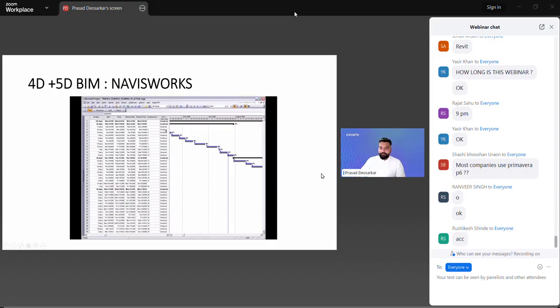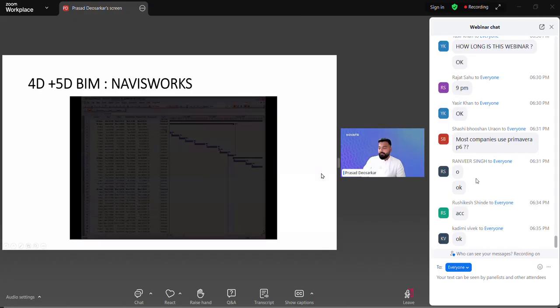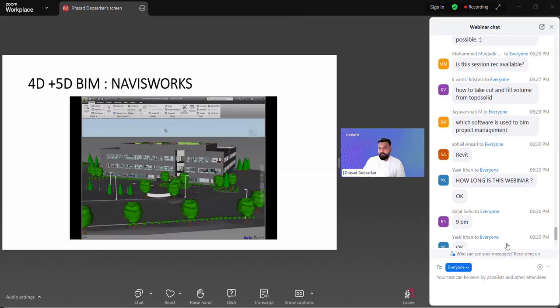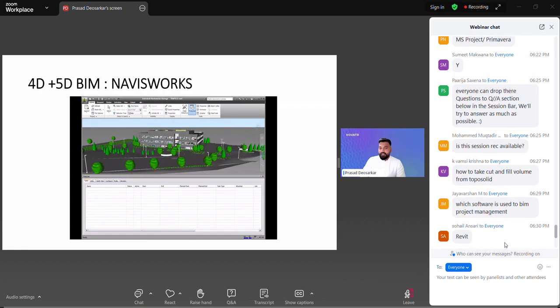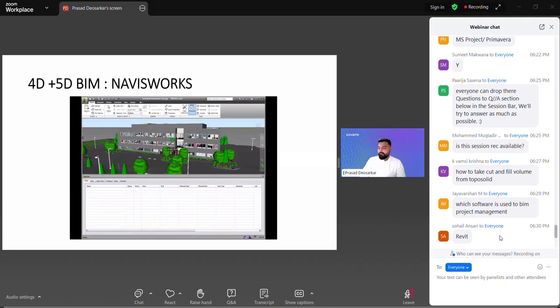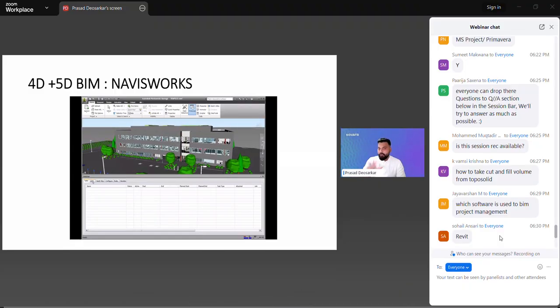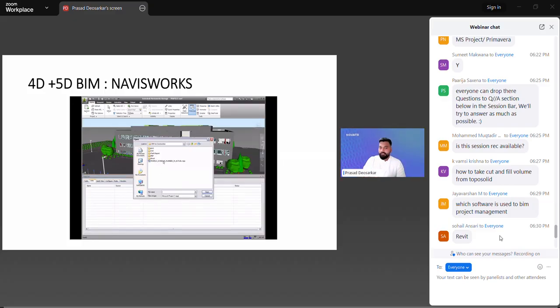All right. So when we talk about the BIM environment, this is how Navisworks looks like. It has something called a Timeliner, and inside the Timeliner, we can actually create the simulation. So just like how we saw the schedule in Microsoft Project, we can see the same schedule being created in the BIM software now. Okay. Now, how do you create the exact same schedule in the BIM software?